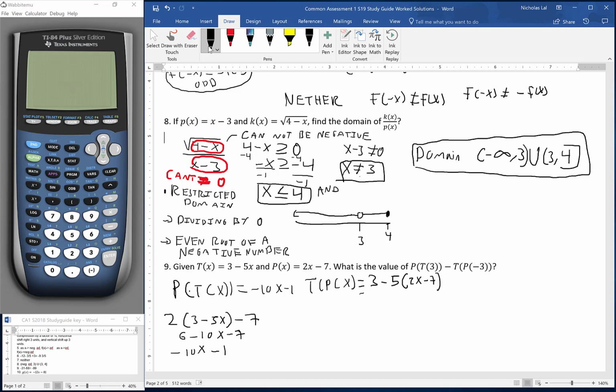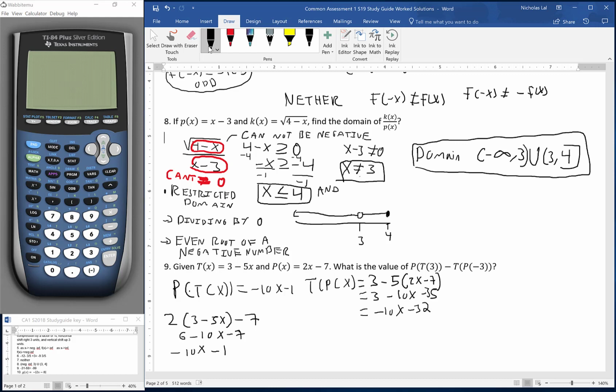So this becomes equal to 3 minus 5 times 2x, which is 10x. 5 times negative 7 is negative 35. So that's going to become equal to negative 10x. Negative 35 plus 3 is going to be minus 32.